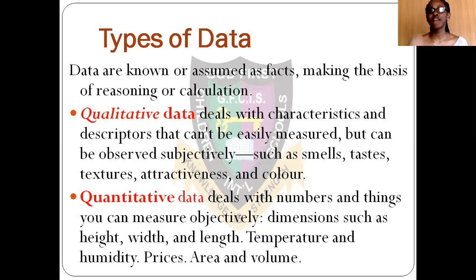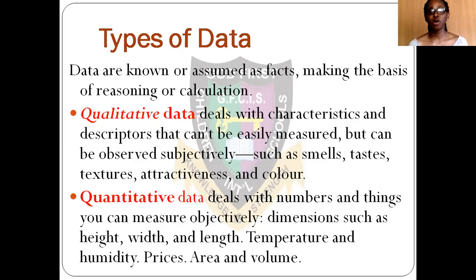Data are known or assumed as facts, making the basis of reasoning or calculation. When you have information, you can use it for reasoning, or you can also use it for calculating. This is what data is all about.